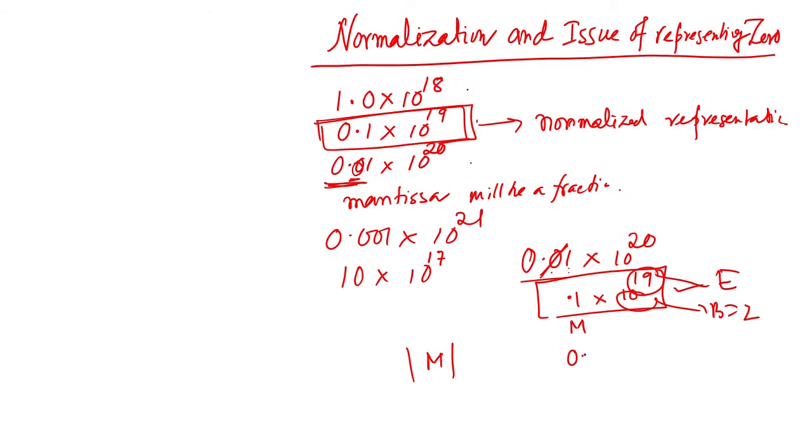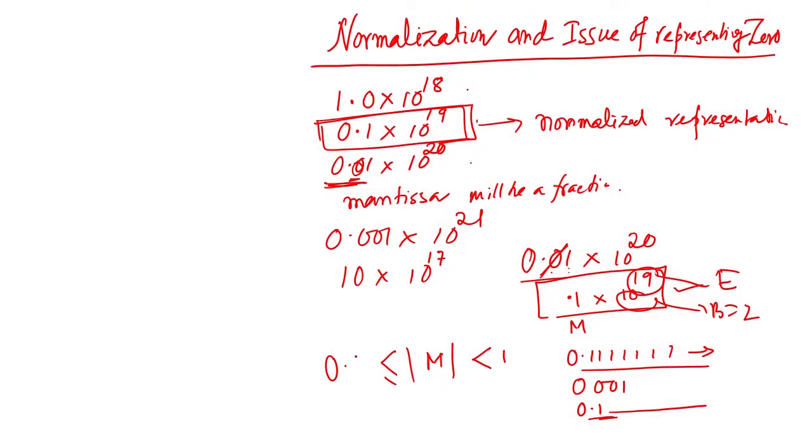You can have 0.11111. So, this is the maximum value. This value cannot be 1. It should always be lesser than 1. And what is the least value you should have? 0 point, it should not be 001. It should be 0 point then 1 and all 0s. So, this value is 0.5. So, mantissa will range from 0.5 to 1 excluding 1. So, this is something called normalization.